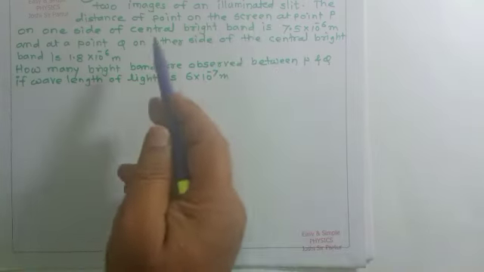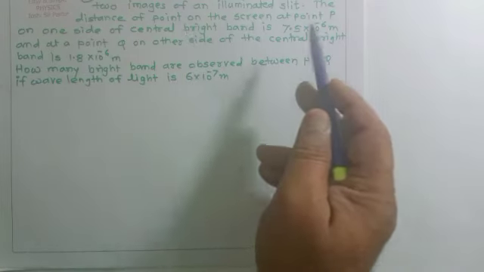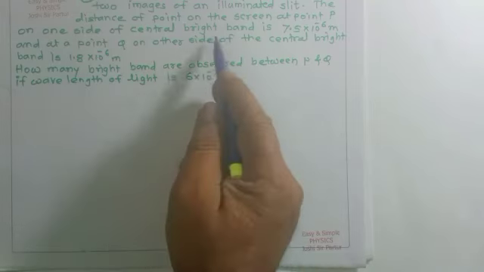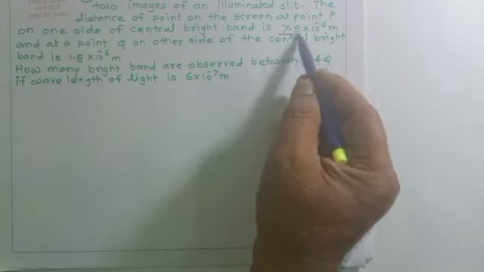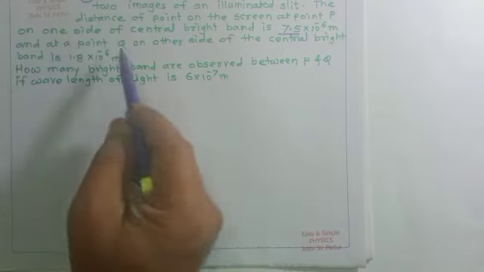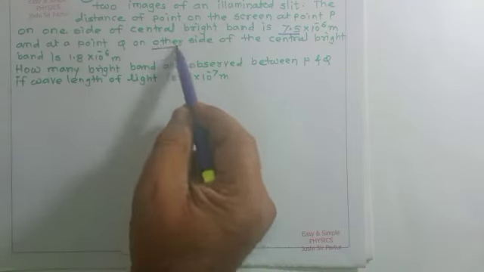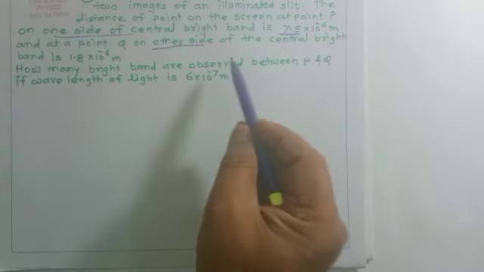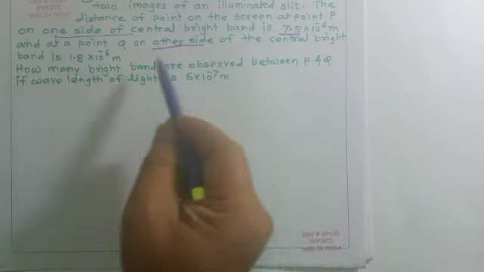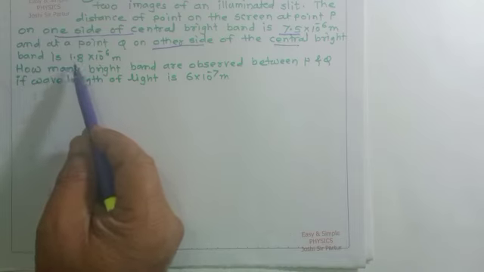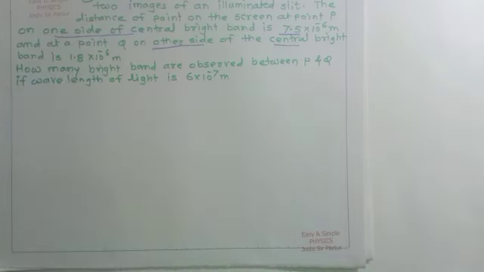The distance of point P on the screen on one side of the central bright band is 7.5 into 10 to the power minus 6 meter, and point Q on the other side of the central bright band is 1.8 into 10 to the power minus 6.